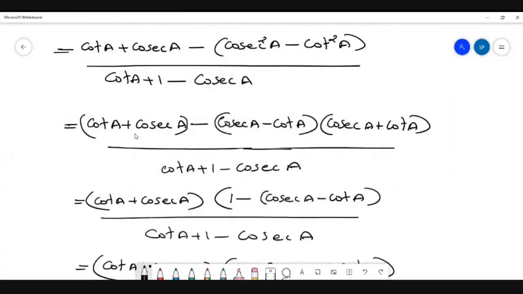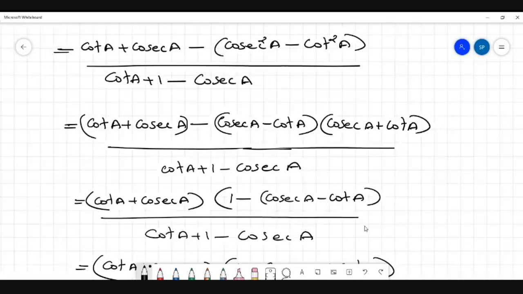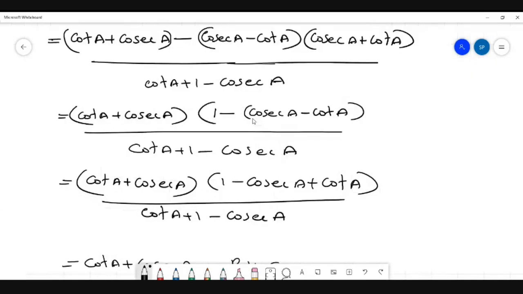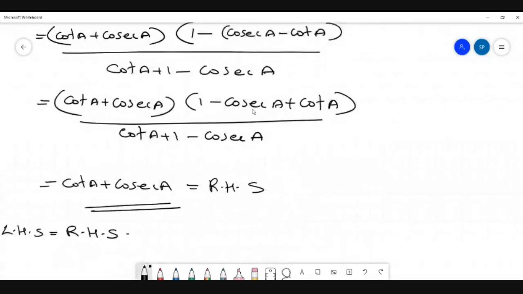Now we can take common factor, cot A plus cosec A is taken out. That is 1 left over here, 1 minus cosec A minus cot A, that is to be in bracket. Then cot A plus cosec A into, remove the bracket here, that is minus cosec A, minus of minus becomes plus cot A. Now you can see these two expressions are same, so it is cancelled, cot A plus cosec A.